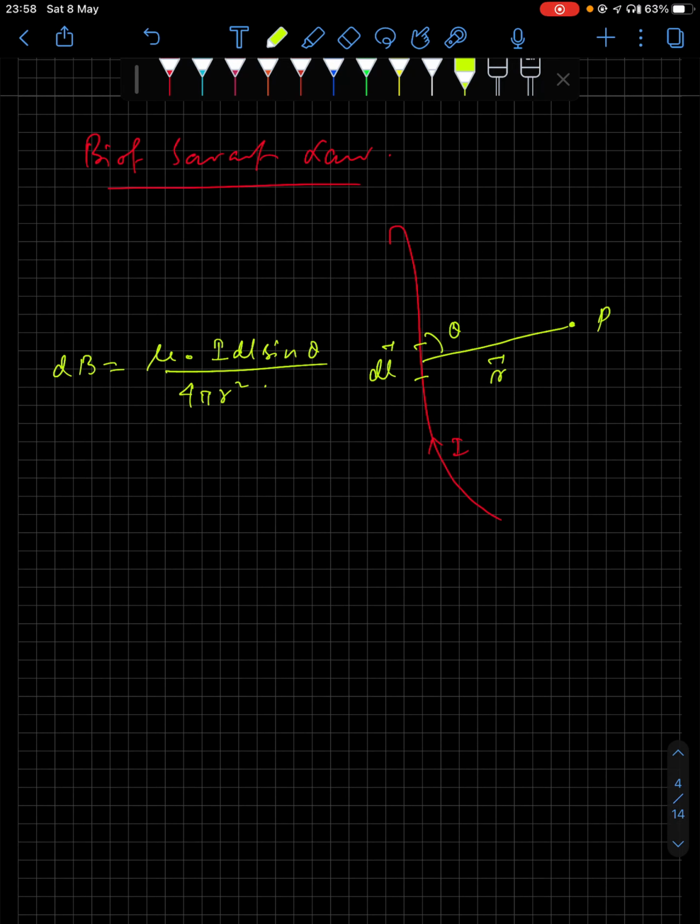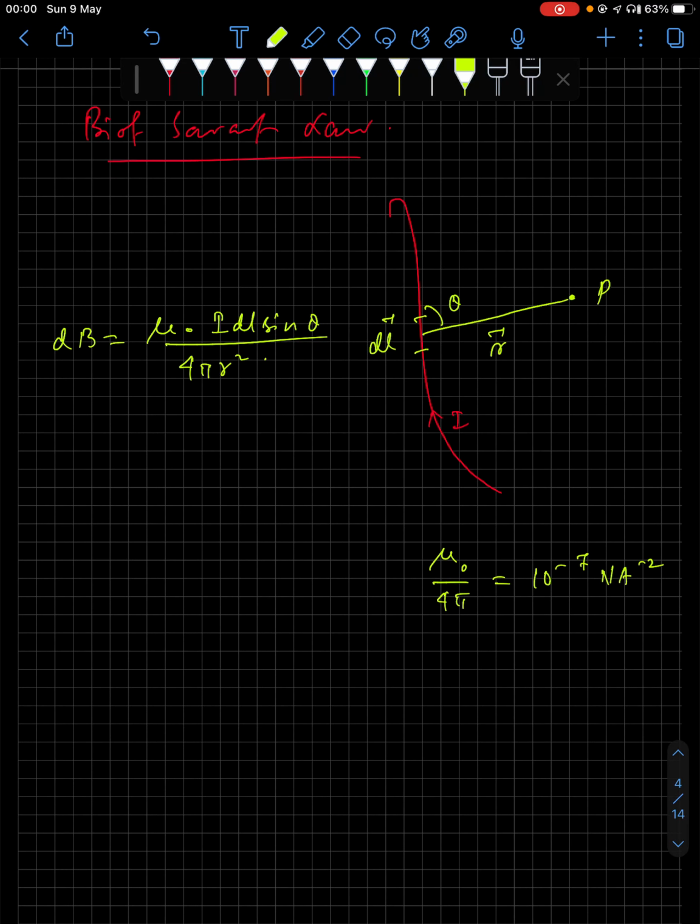Here mu naught by 4 pi is a constant whose value is 10 to the power minus 7 Newton per ampere square. This was the scalar form of the law. The vector form is dB vector equal to mu naught I dl cross r by 4 pi r cube. These two relations are to be remembered.